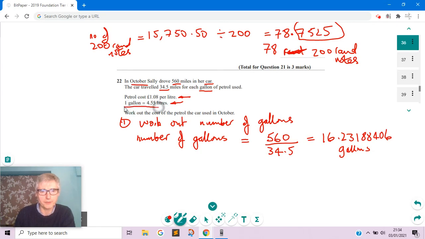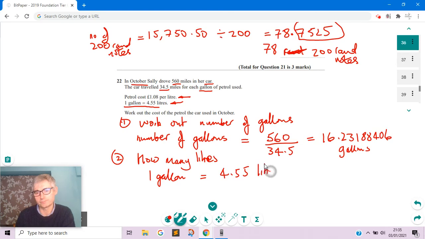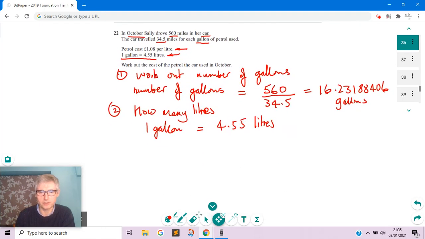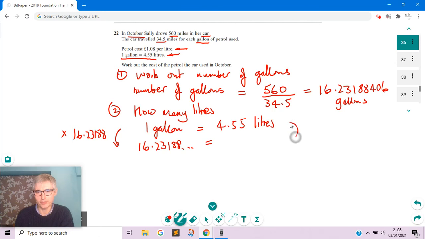Since 1 gallon is equal to 4.55 litres, and we've got this figure, 16.231 etc. gallons, I've had to times 1 by that figure to get to 16.231, so I'd have to do the same to this side to get the answer in litres.